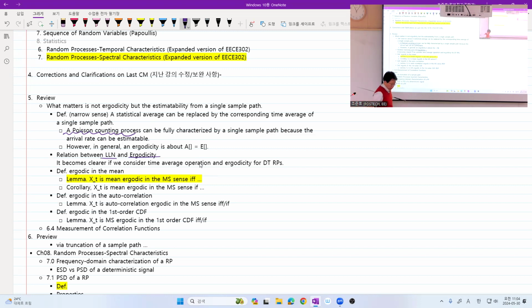Anyway, as I just told you, ergodicity is about the replaceability of the ensemble average with the time average. And we are interested in, for example, this ensemble average or that ensemble average. Or if we have more than one random process, then we may be interested in something like this, the cross correlation. Or we can even generalize this idea of ergodicity to a vector-valued random process.